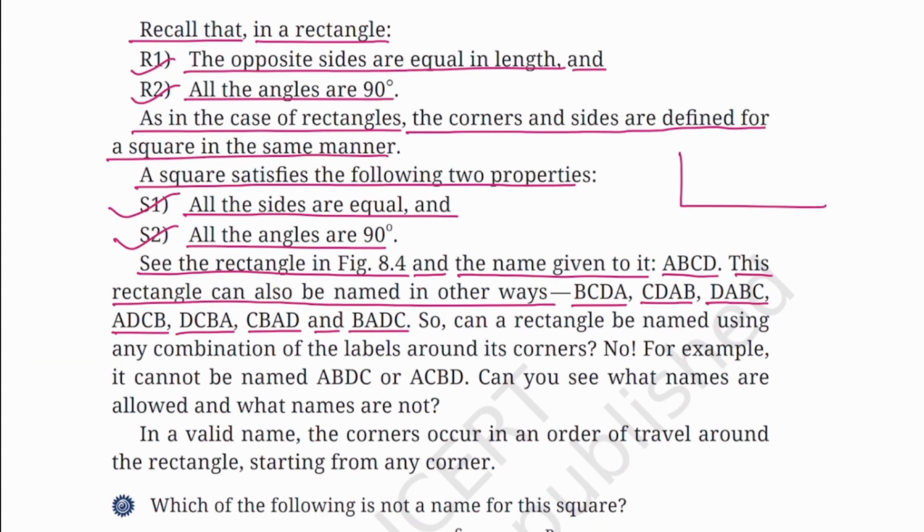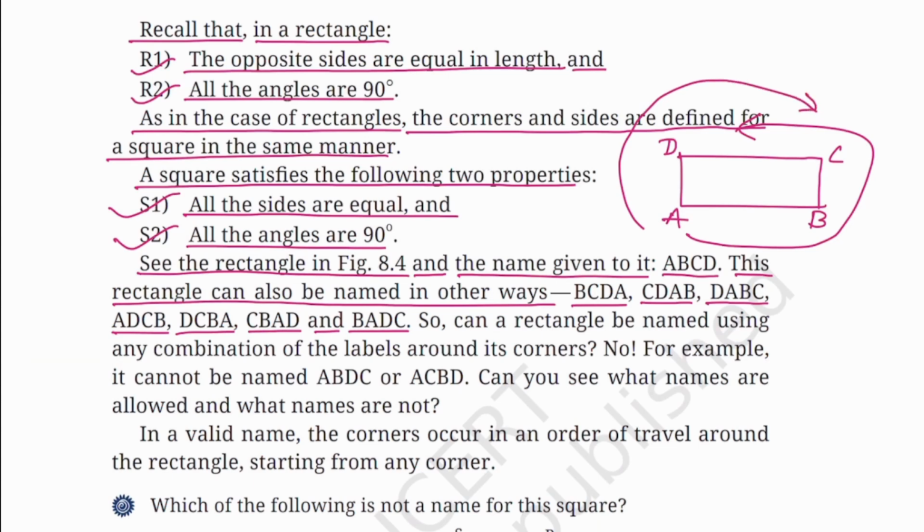If you see a rectangle ABCD, its naming should be such that it follows a direction of clockwise or anti-clockwise starting from any point.